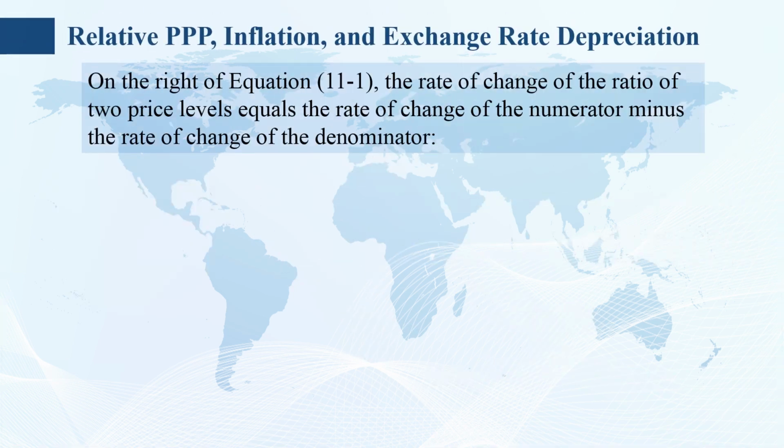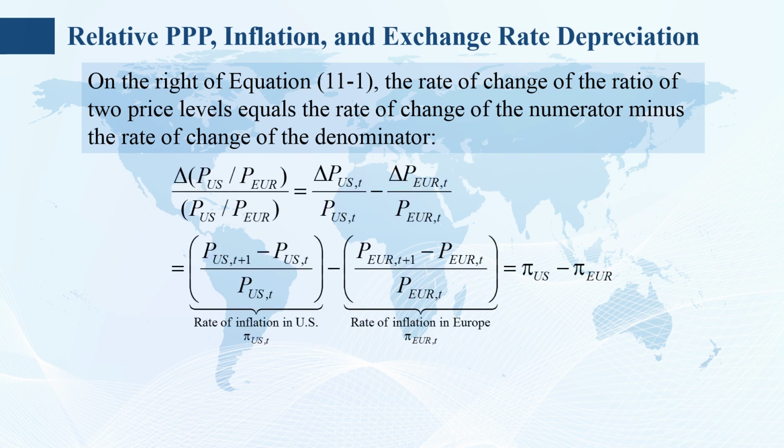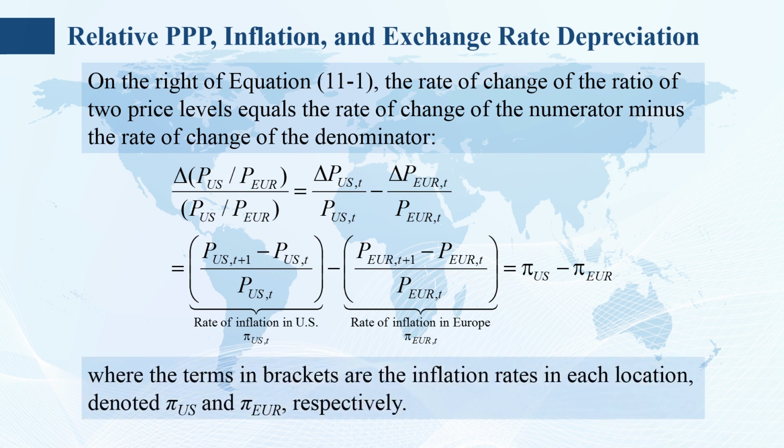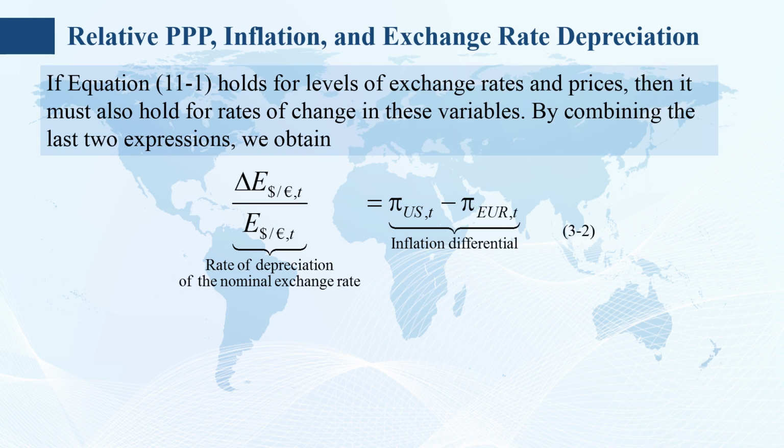On the right of equation 3.1, the rate of change of the ratio of the two price levels equals the rate of change of the numerator minus the rate of change of the denominator, where the terms in brackets are the inflation rate in each location, denoted pi US and pi EUR, respectively. If equation 3.1 holds for levels of exchange rates and prices, then it must also hold for rates of change in these levels.